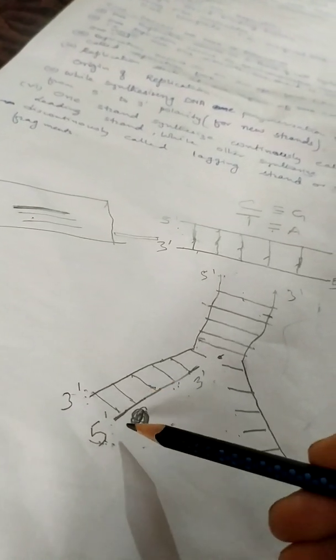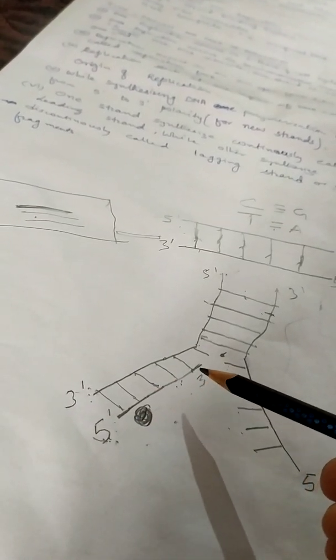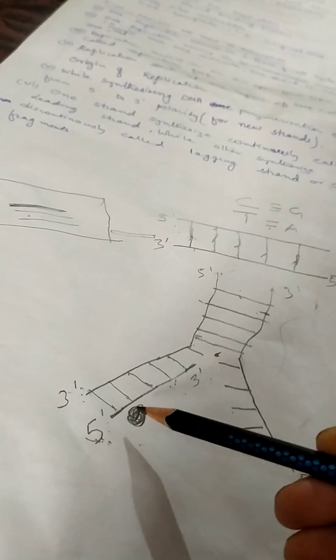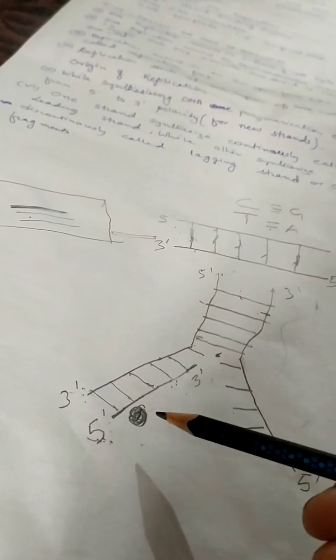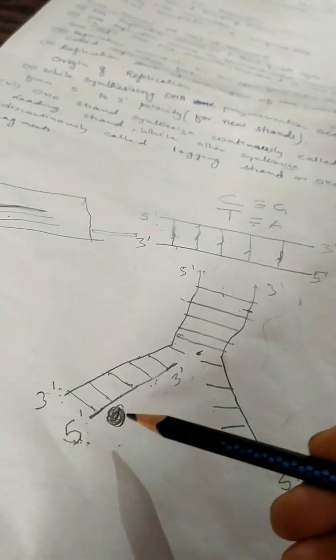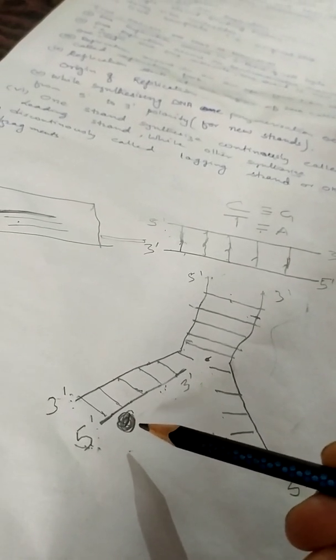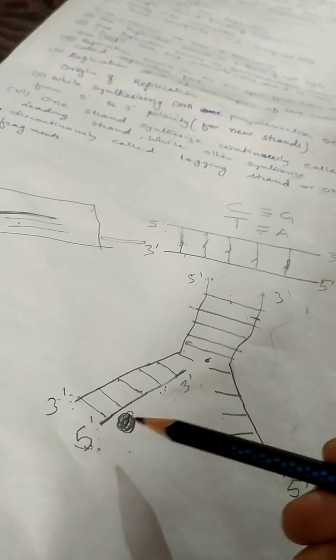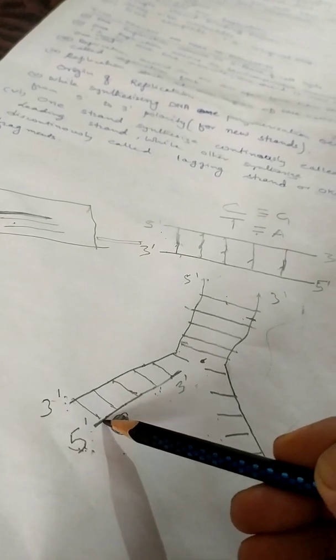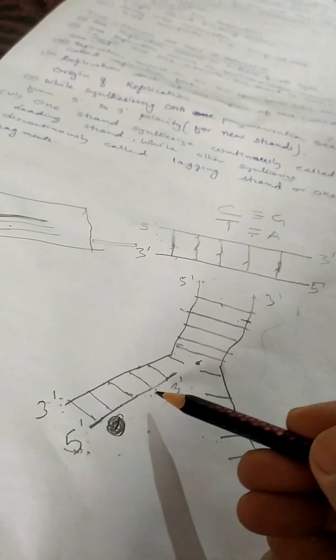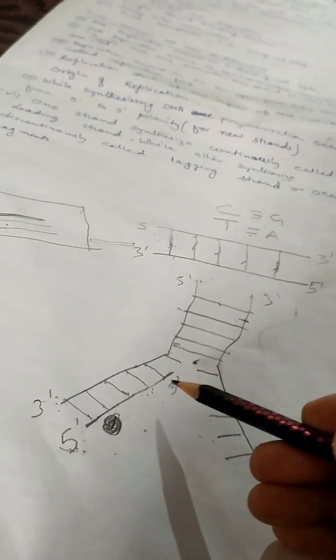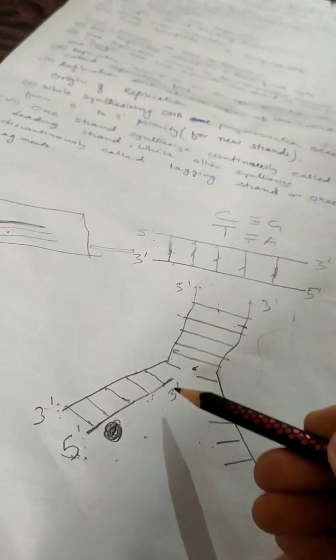So this process is going continuously. A strand is produced continuously, and this process is done by DNA polymerase, DNA dependent DNA polymerase. DNA polymerase moves continuously. Now the new DNA has reached up to this point.